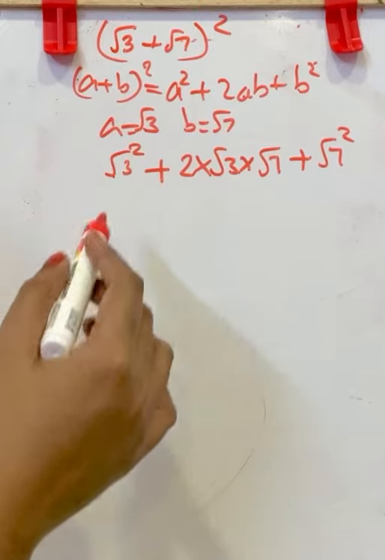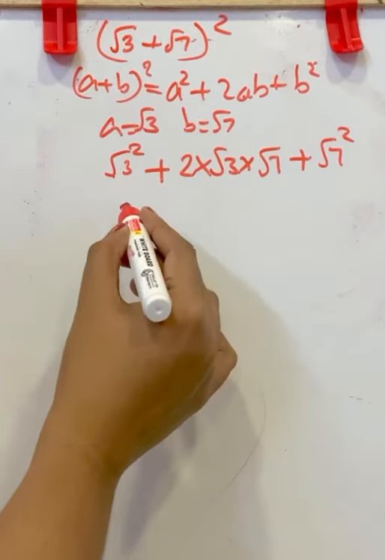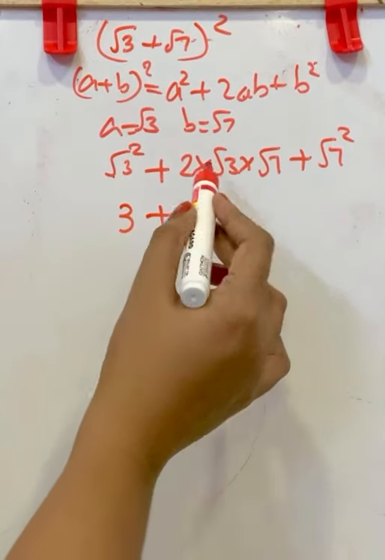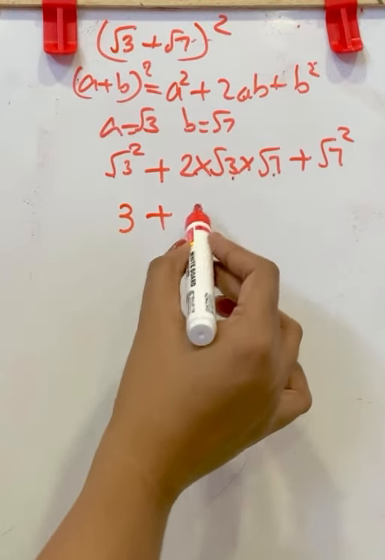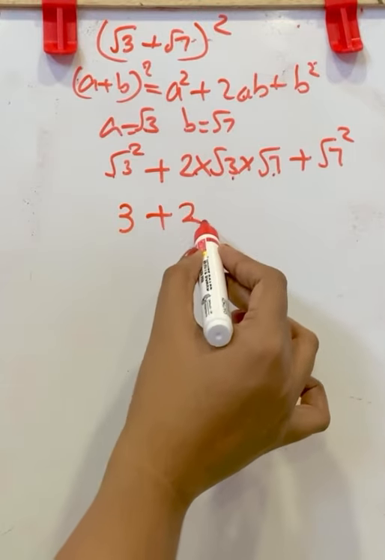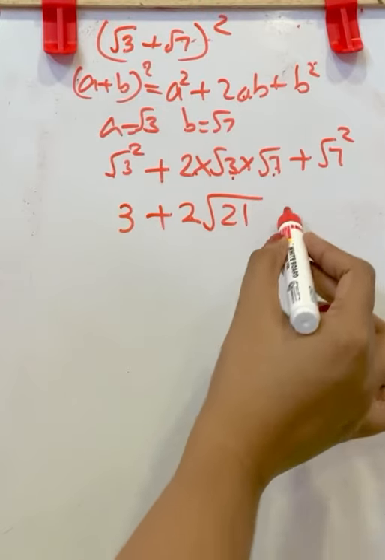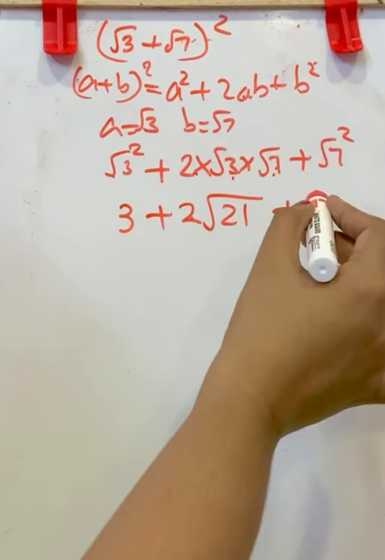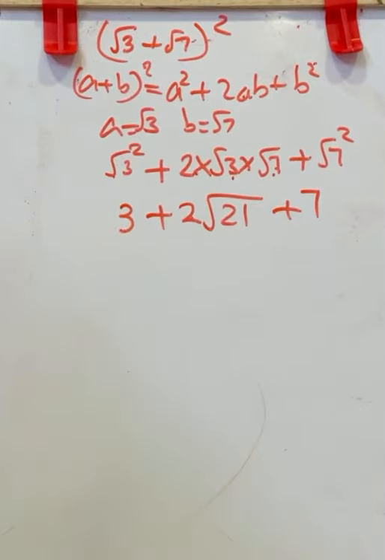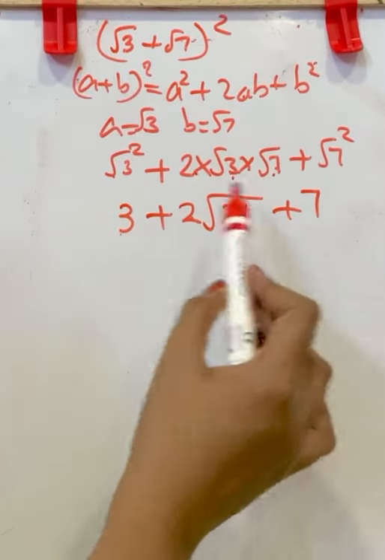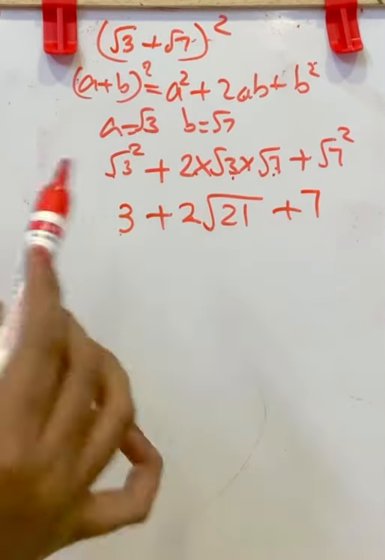So (√3) square, that is √3 into √3, the result is 3, plus 2 into √3 into √7. The 2 into is outside. Here inside the root, 3 into 7, 21, plus (√7) square, that is 7. Now here we have two whole numbers or two integers that we can add.